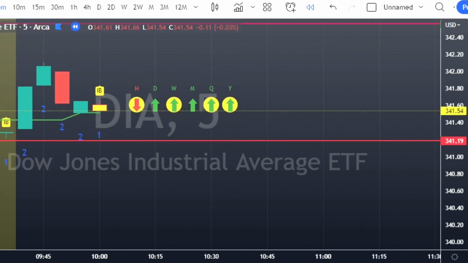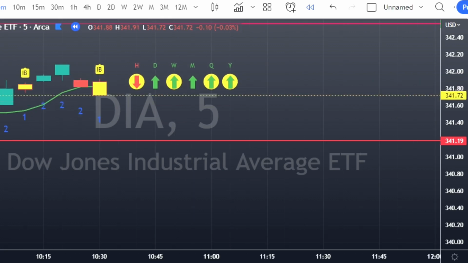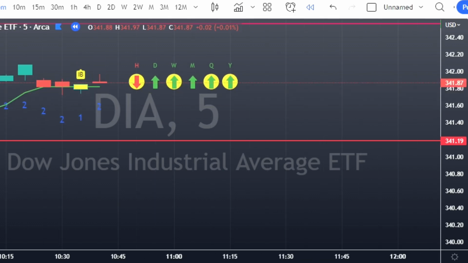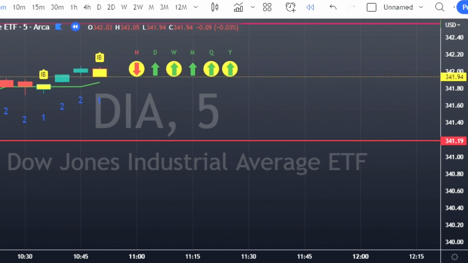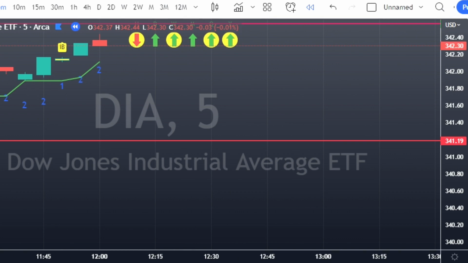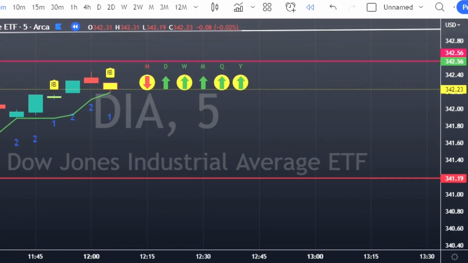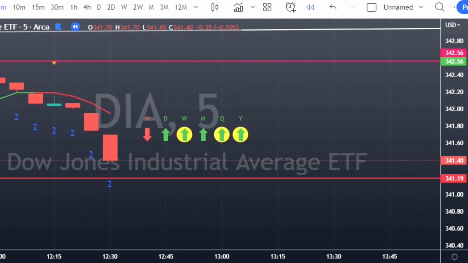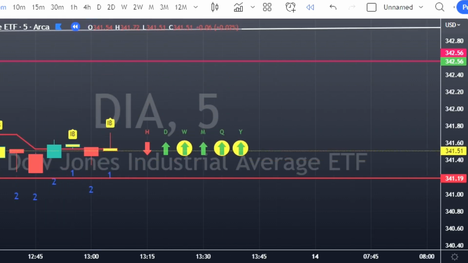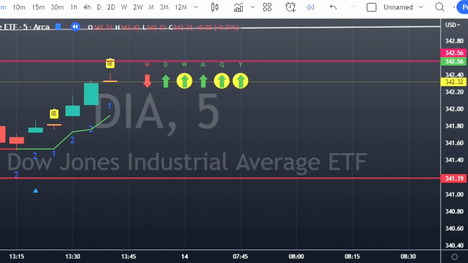But now you have a little bit of theta burn, time decay on this, and there we are. We start climbing again just after lunch. Back down. And at the end of the day, we come up and tag pretty close to the top there.